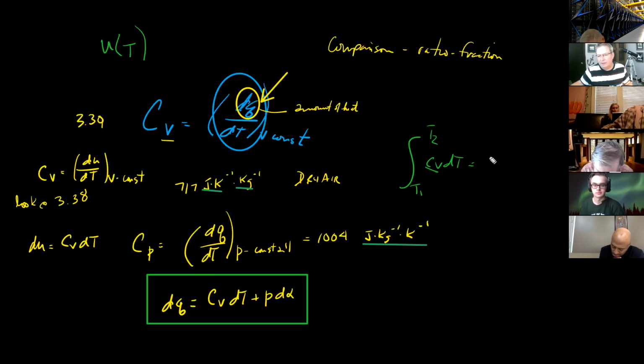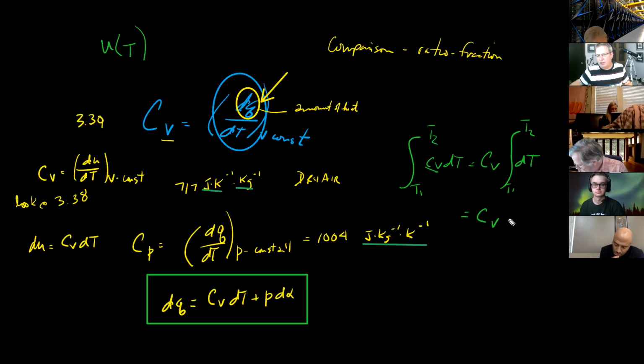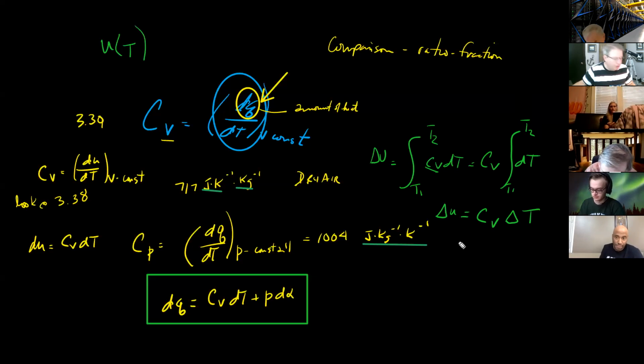It's a constant. So it can be pulled out. Which means that the change in U, which is U2 minus U1, the change in the internal energies of the gas from two different states, is nothing more than CV times the change in the temperature.